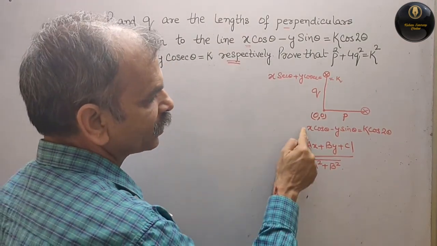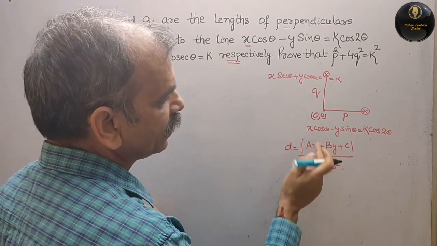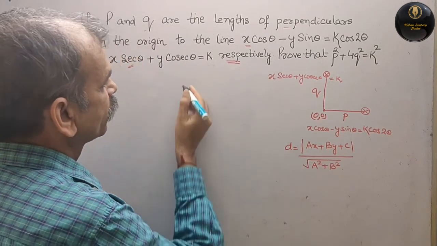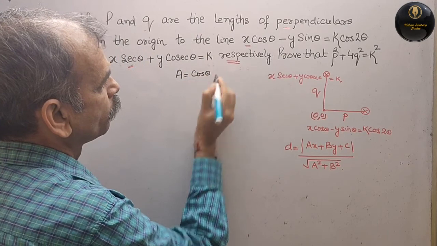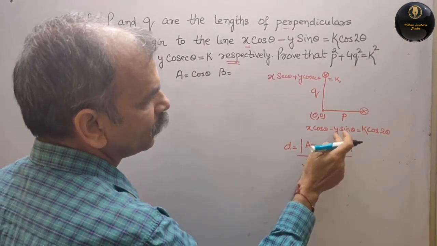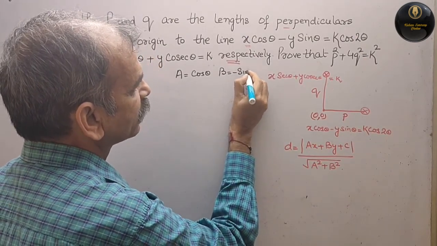Now take first this line. In that, A is equal to cos theta. B is equal to minus sin theta.